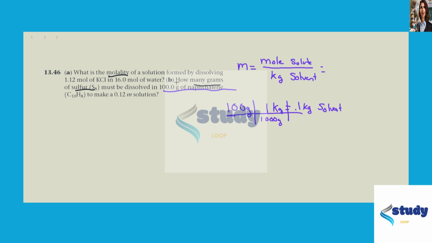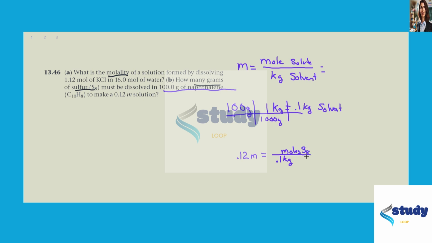To make a 0.12 molal solution, they gave us this amount here, our m, 0.12 molality. And we were given our solvent, which is 0.1 kilograms. And what we're solving for is moles of our sulfur, our S8.